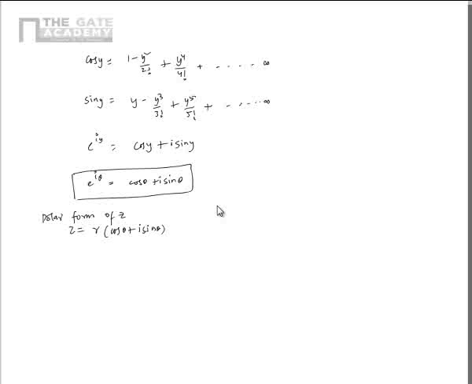But now we have proved that cos theta plus i sin theta is e power i theta. So I can write z to be r e power i theta. So this is basically called the exponential form of a complex number, the exponential form of a complex variable. Okay, so this is an important result.